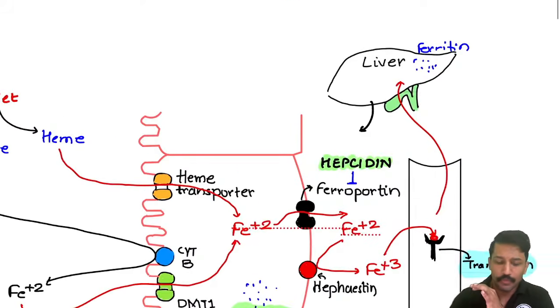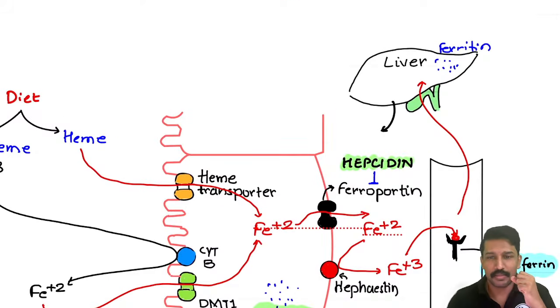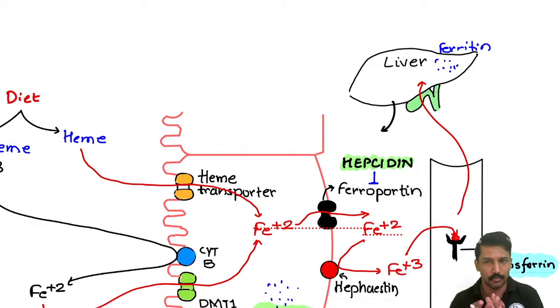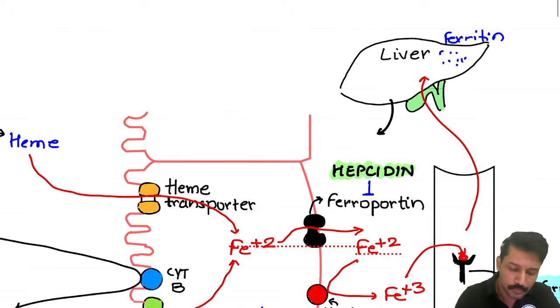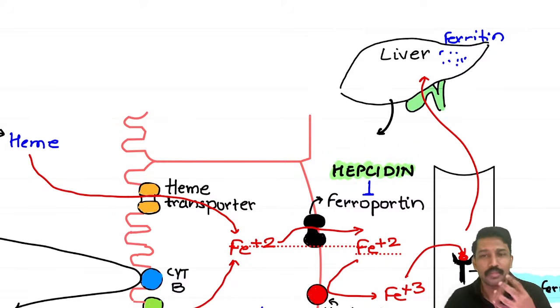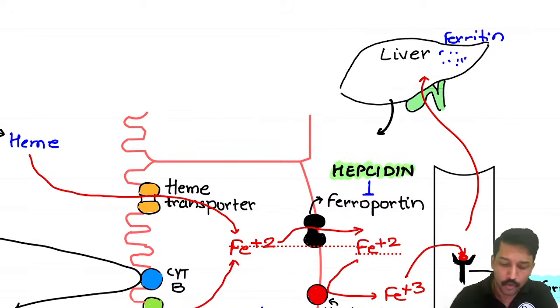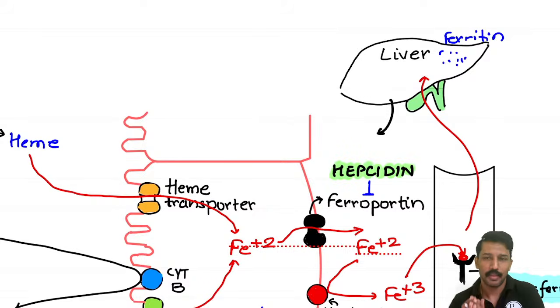Now, at the level of the liver, to recognize that the iron stores are sufficient and I don't need to absorb the iron anymore, there is a complex interplay of various chemicals. At this level, it's overkill for us to try to understand exactly how the liver recognizes that the iron stores are increasing and we need to stop. But I just want to tell you that there are a few genes which may be playing a role in the expression of hepcidin.